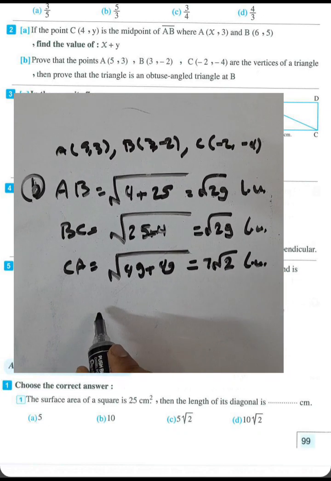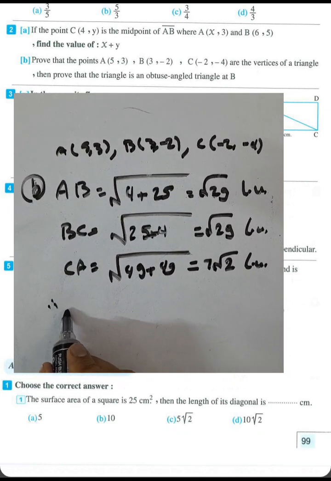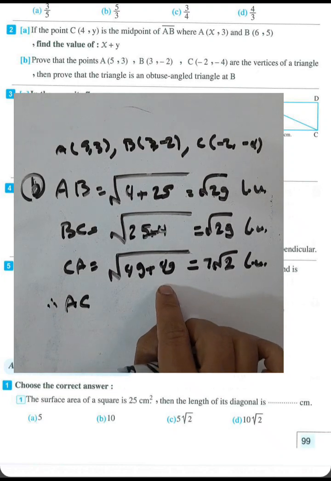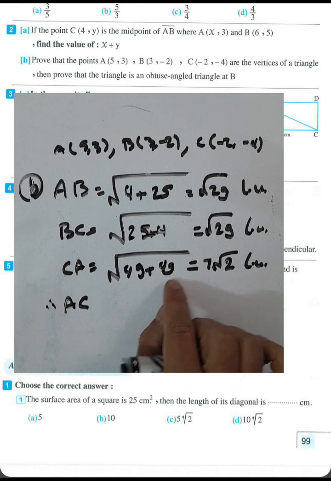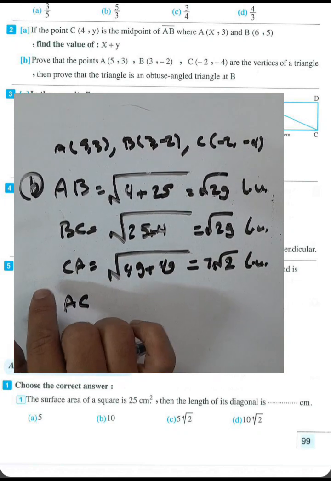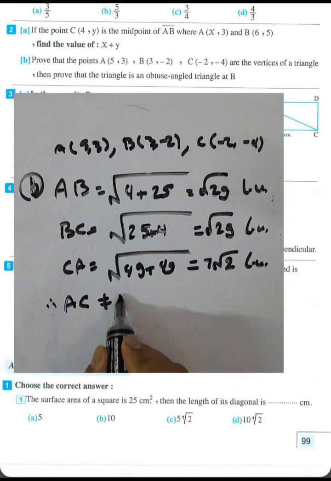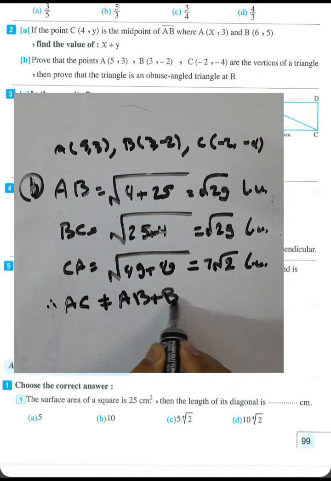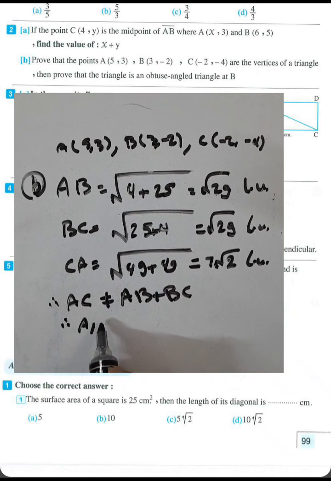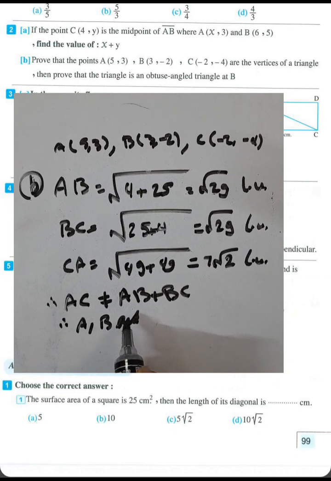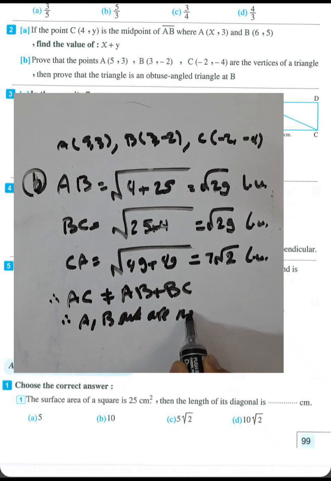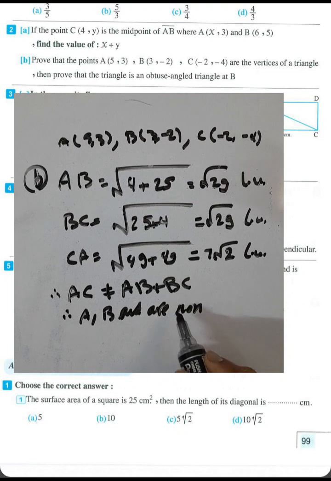Okay, and then we have the line segments: 49 times 2, and here 29, it's greater than. Then AC is not equal to AB plus BC, then A, B and C are non-collinear.